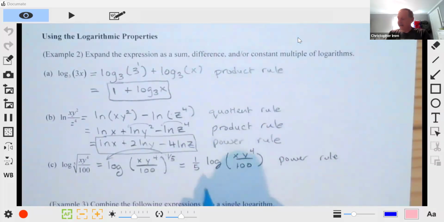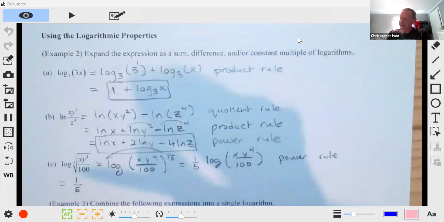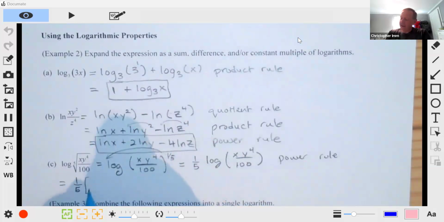I'm going to break things apart here. I'm going to make this 1/5 times, I'm dividing. So log of x y to the 4th minus log of 100. And that's by the quotient rule.